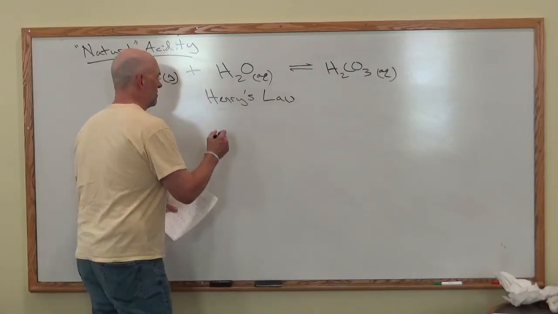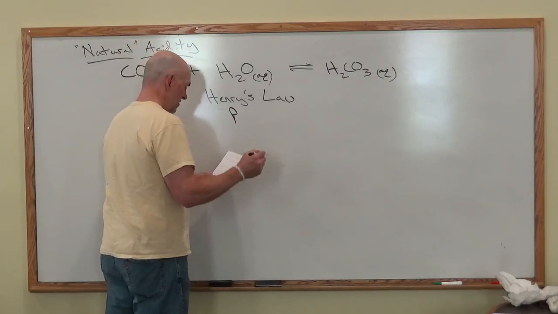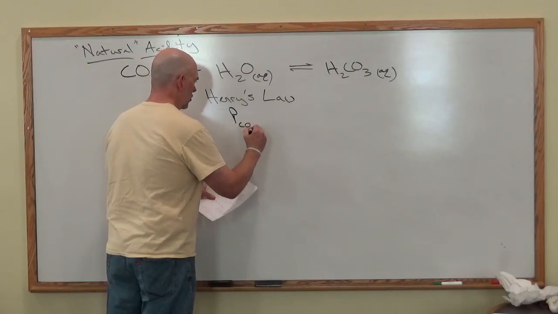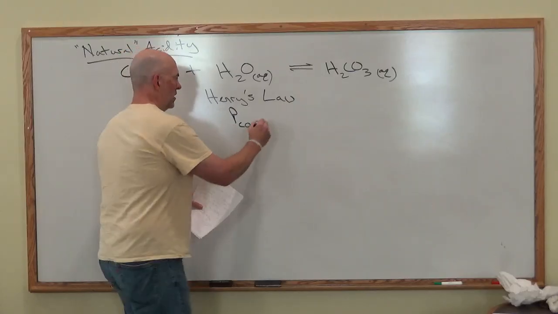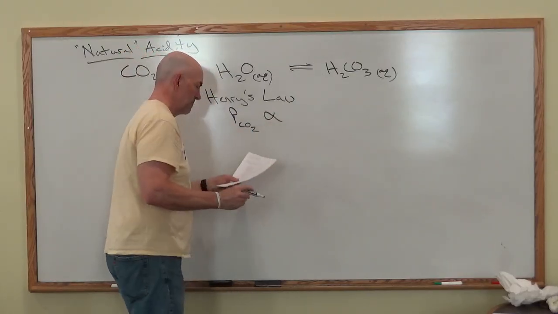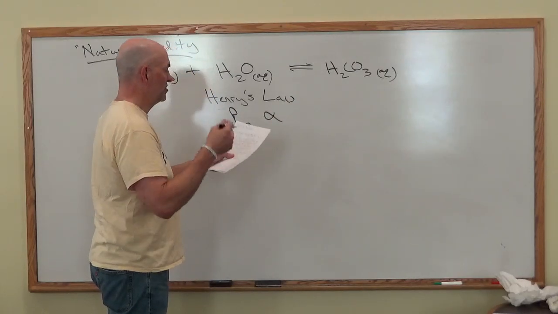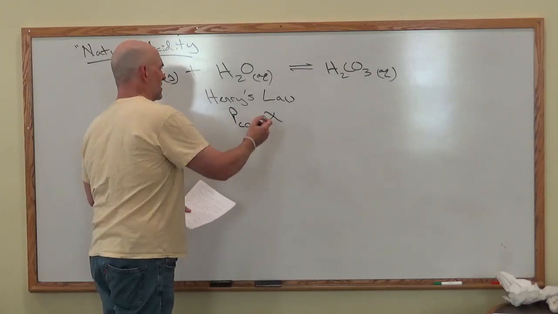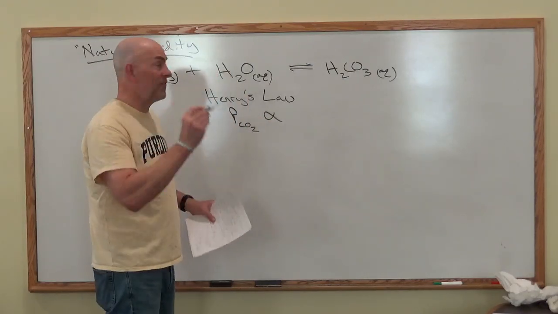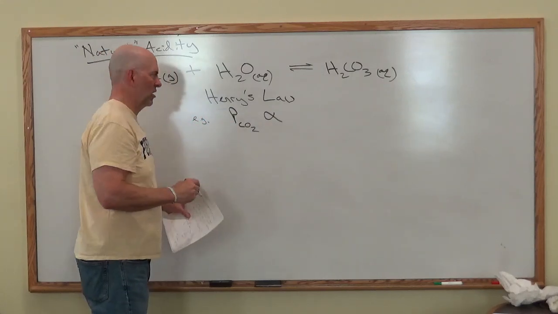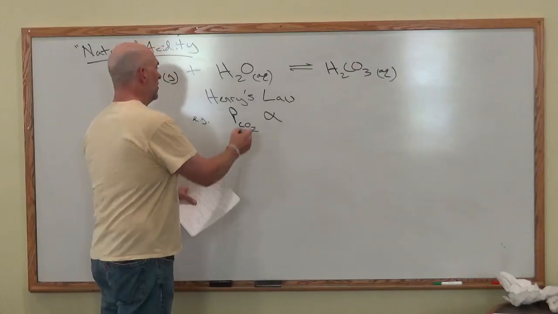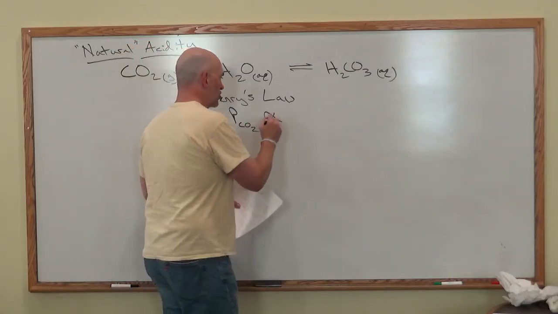The way we can do that symbolically is that the partial pressure of whatever gas we're talking about is going to be proportional to how much dissolves in a solvent. So for this specific example, this is not all of Henry's law, this is an example of Henry's law. The partial pressure is proportional, that's what that means.